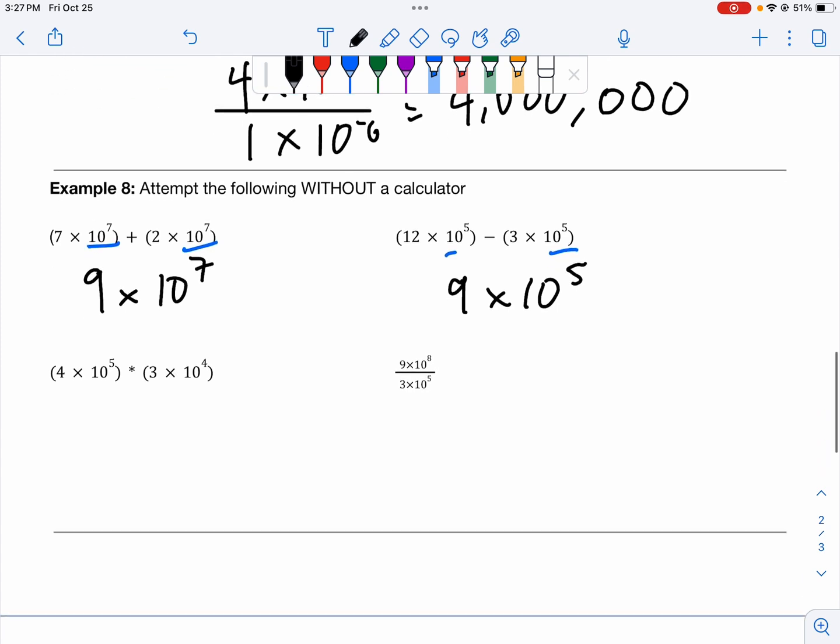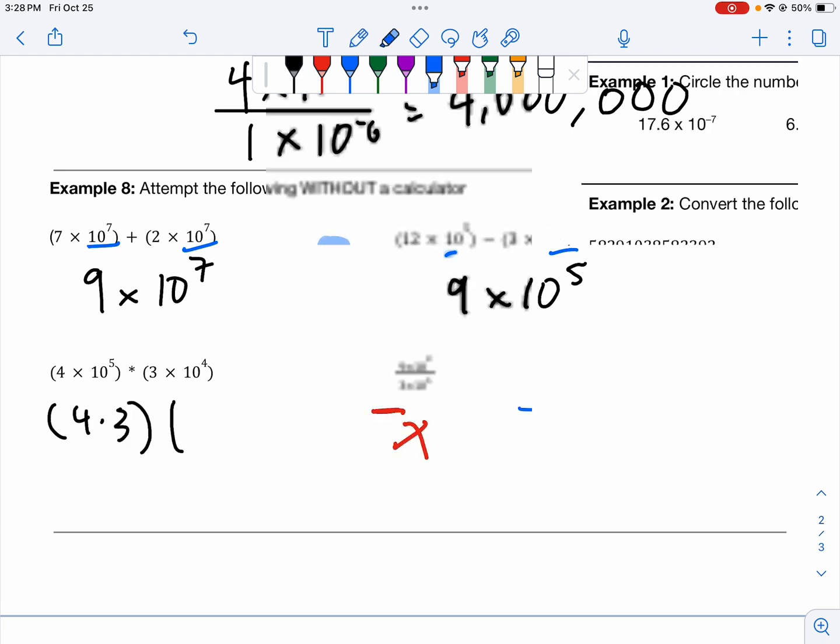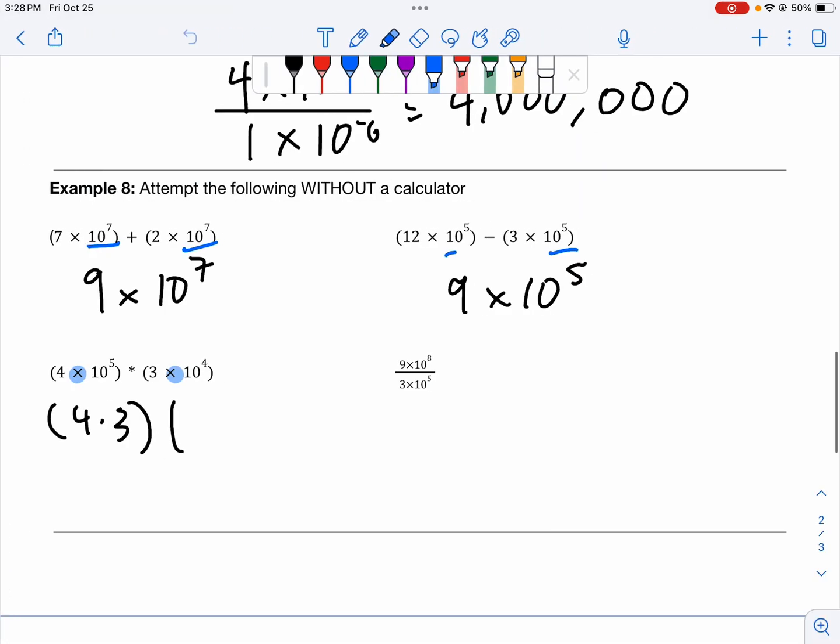All right, now here, I'm going to reorder things. 4 times 3. This is all multiplication. These symbols are also multiplication. Okay, times 10 to the 5th times 10 to the 4th. So now, what is 4 times 3? Well, that's just 12.